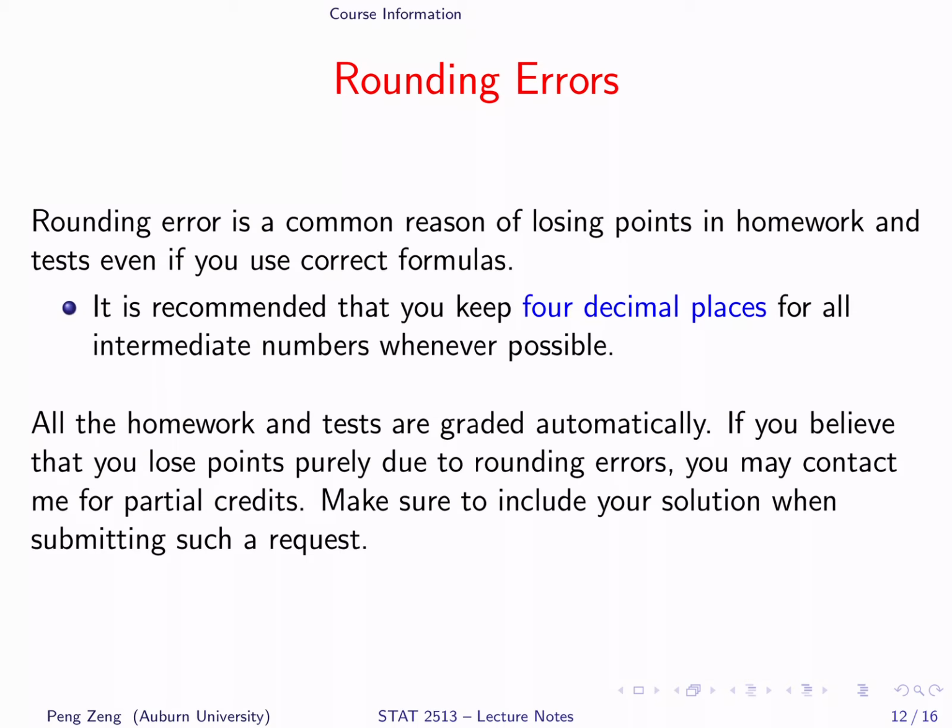If you believe that you lose points purely due to rounding errors, you may contact me for partial credits. When you request for partial credits, make sure to include your solution when submitting such a request, because I need to check and make sure that you follow the correct procedure and the correct formula to do the calculation.